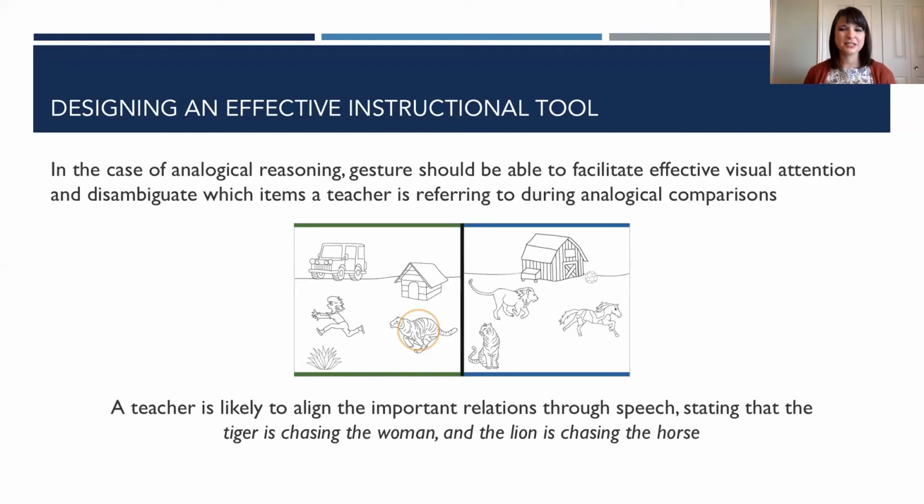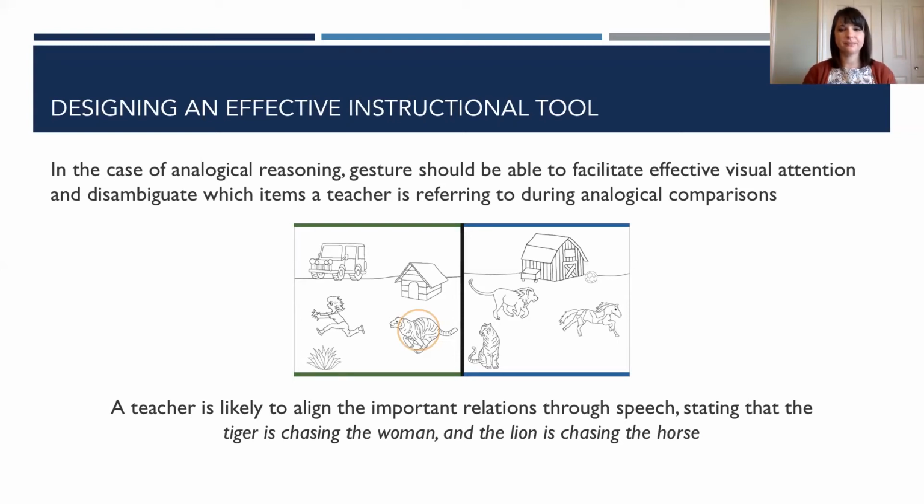However, when a featural match is present, the spoken instruction by itself is probably going to leave some ambiguity in terms of which tiger is being discussed. So children may focus their attention on one or both tigers and miss those important connections being drawn between the relations in the two different scenes.